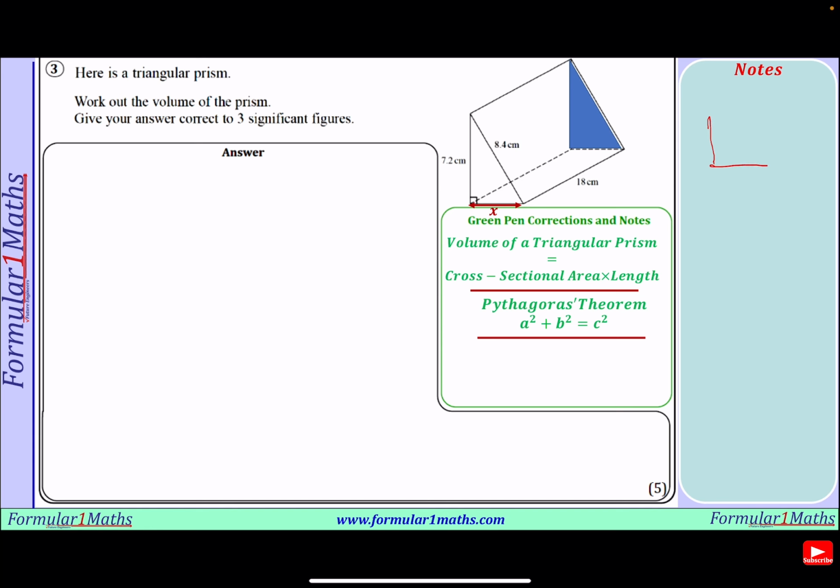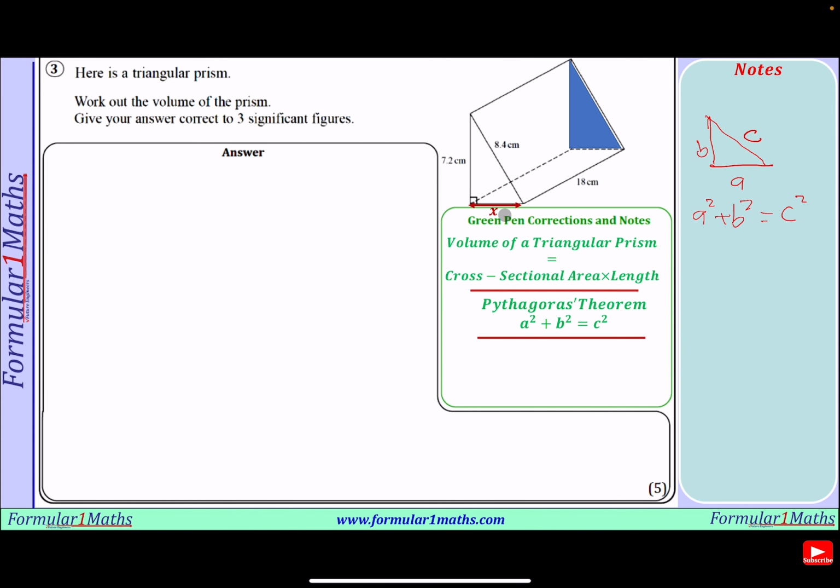If you have a triangle like this, and this is your A, and this is B, and this is C. C is the hypotenuse, the longest side. Pythagoras Theorem says that, as is stated here, A squared plus B squared is equal to C squared. So we're going to use that to get this length, x.